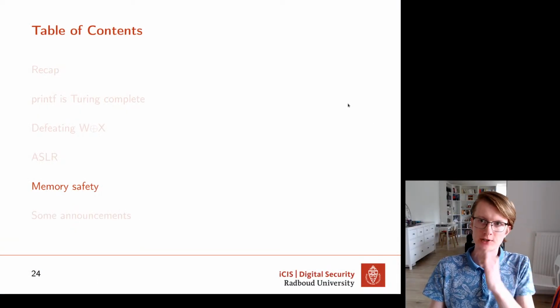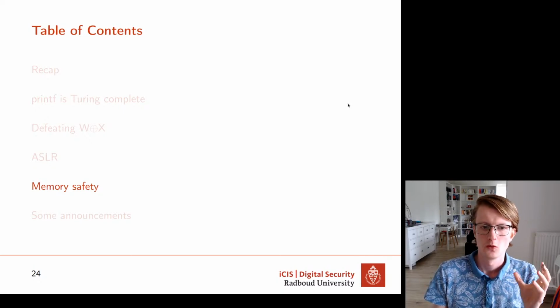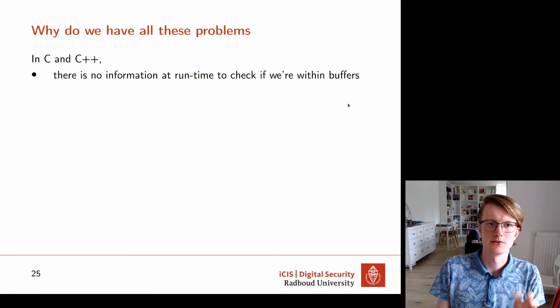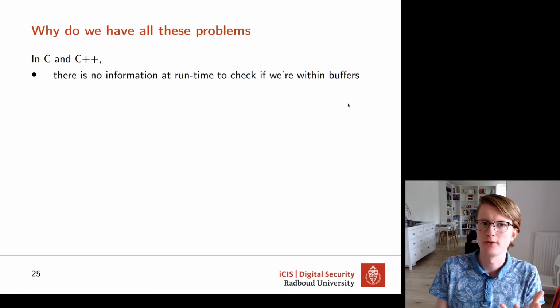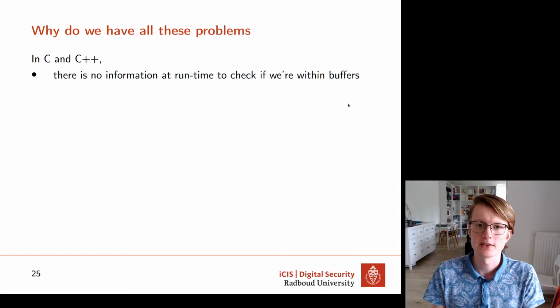Okay, we're going to continue now. So why do we have all of these problems? Why do we have the fact that we can overflow buffers, that we have use after free, that we can have all of these memory leaks?